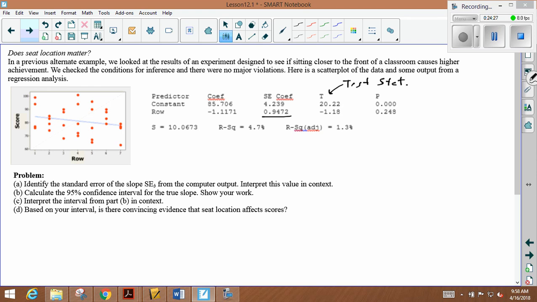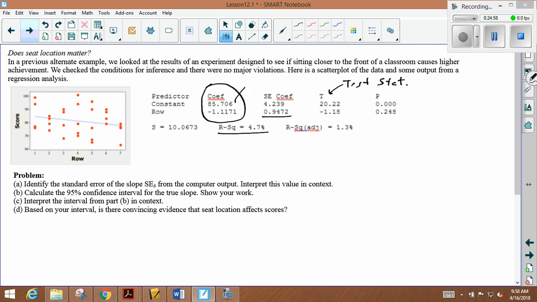And over here we get a p-value. We'll talk about that as we go. Before, we were just living in here. We were using this value, and that's it. Those were the only values that we were using from a Minitab output.